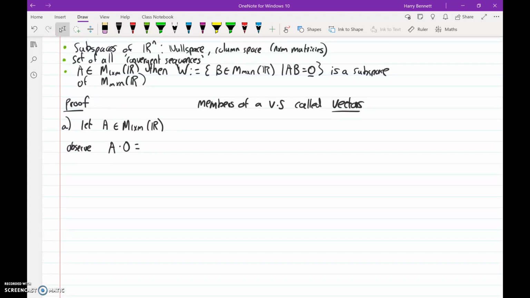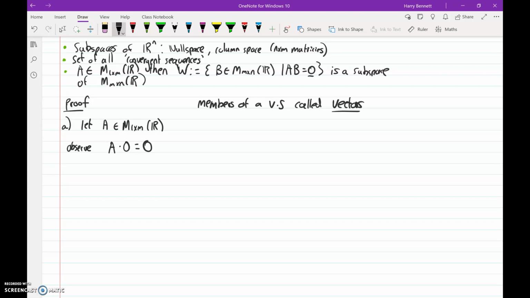So note, if we take any matrix and we multiply it by the zero matrix, we get the zero matrix again. This is because our vector space is over a field, and we've previously proved that when you multiply any element by the zero element, you get the zero element back.